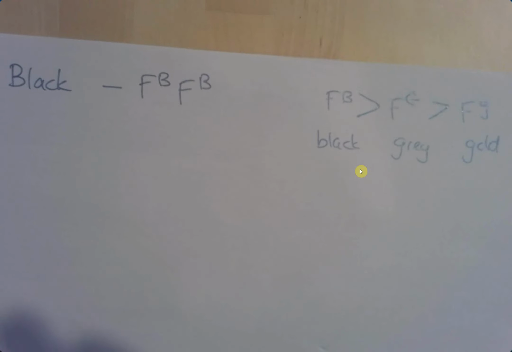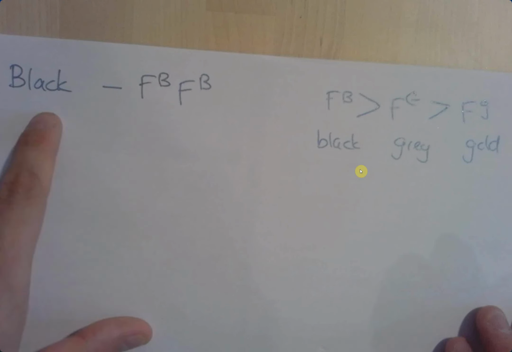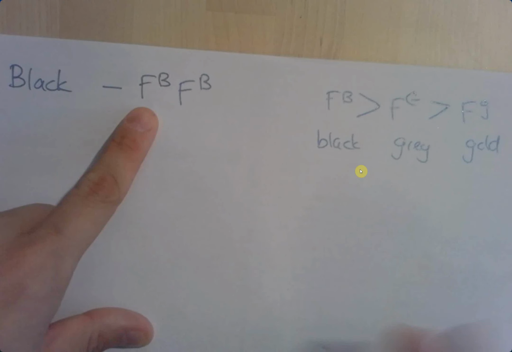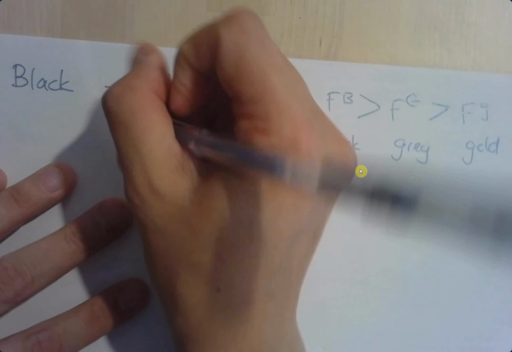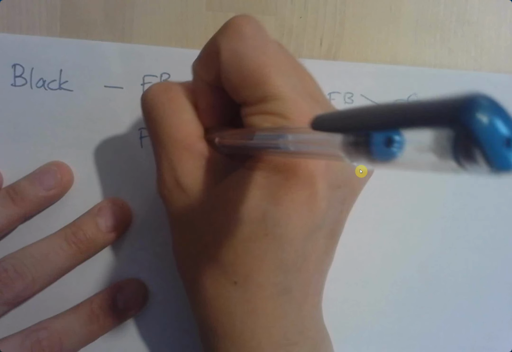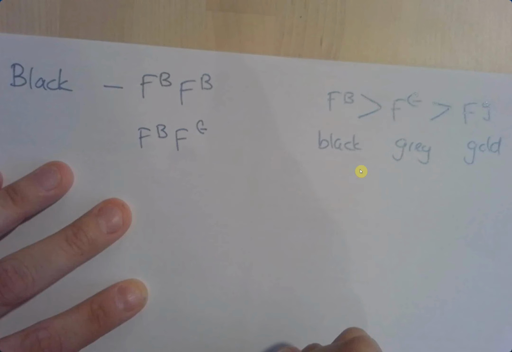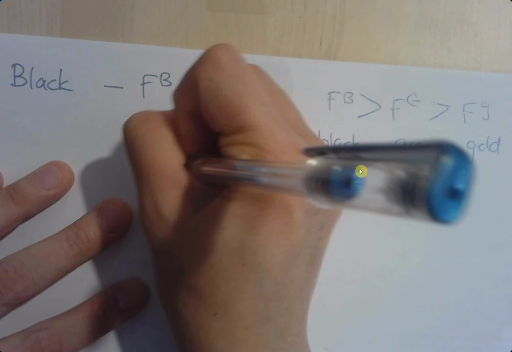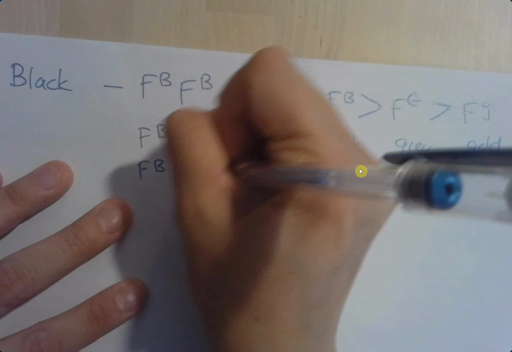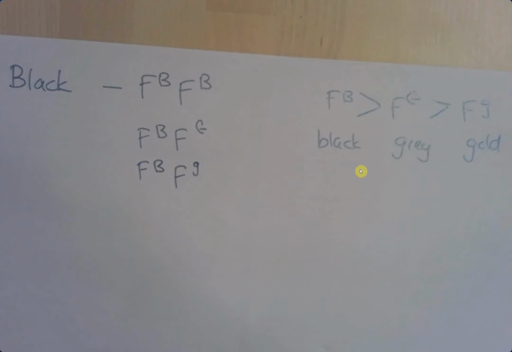All right. So I could have black color if I have 2 of the black alleles. I can also have black color if I have 1 black allele and 1 gray allele. And I can also have the black color if I have a black allele and a gold allele. So those are my options for black.